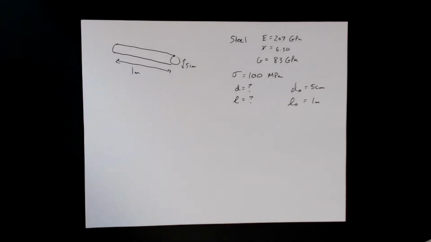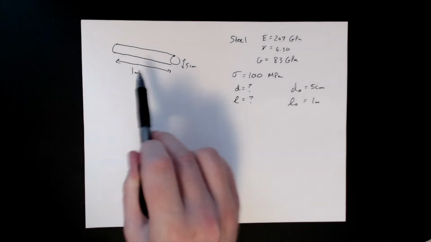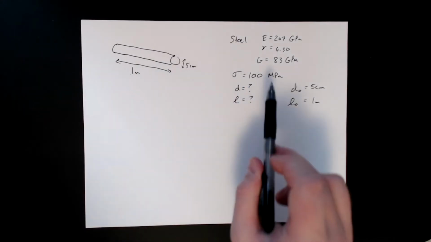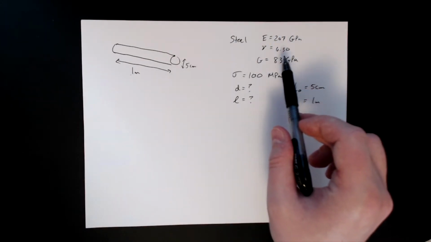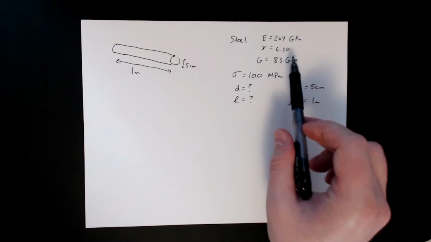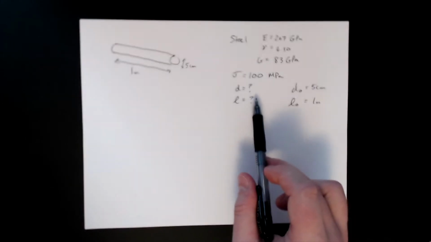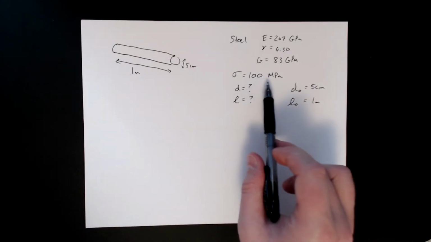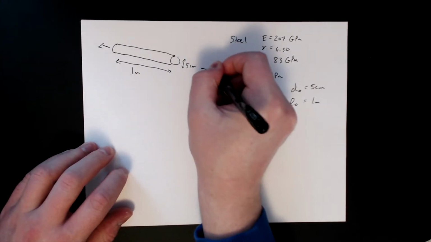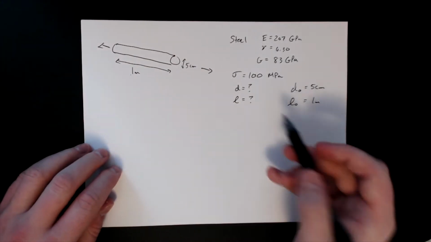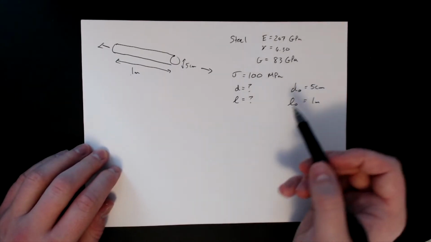All right, so let's take a look at this question related to the elastic properties. I resketched roughly the bar that we're talking about. It's made out of steel, and I copied down the relevant information from table 7.1. And then it's under 100 megapascals of tensile, so we're talking force in those directions of 100 megapascals.